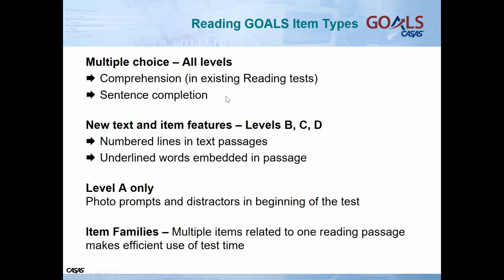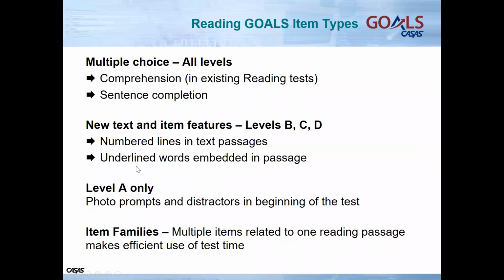For the reading, in order to keep the time down to 75 minutes maximum, first of all, we have some features that are new for this series. Sentence completion we didn't have before, where there's a beginning of the sentence and they complete it.